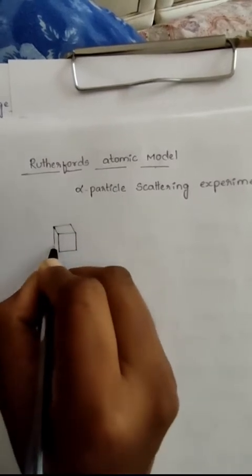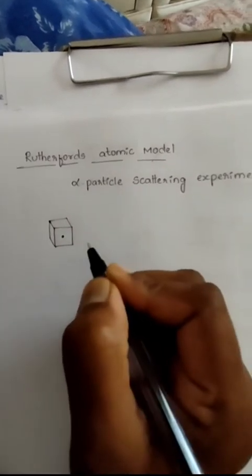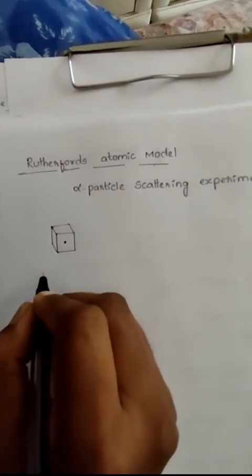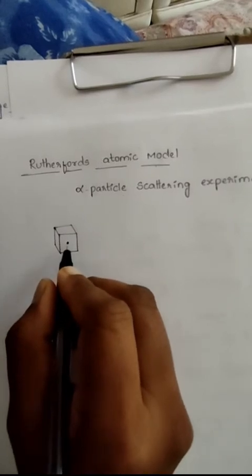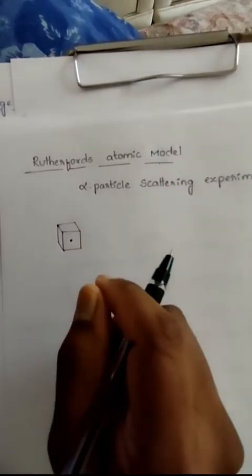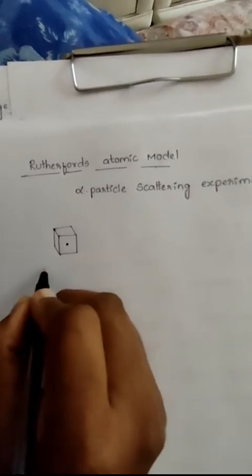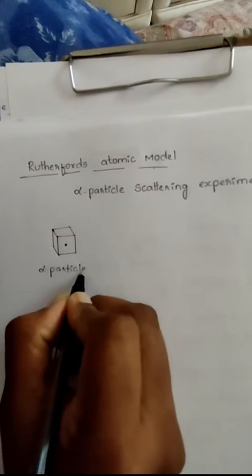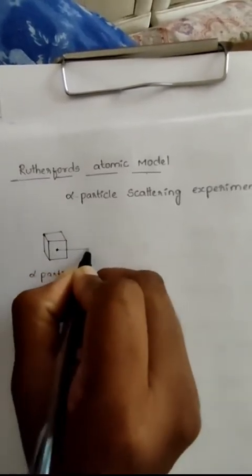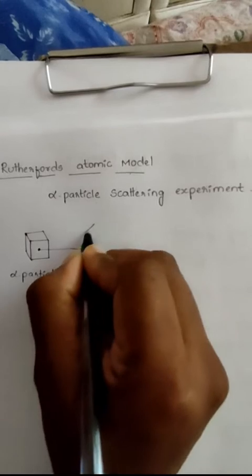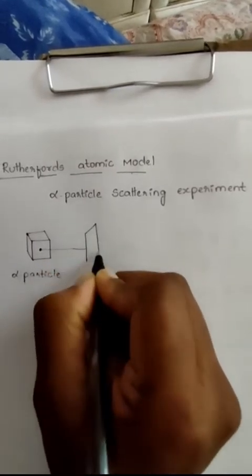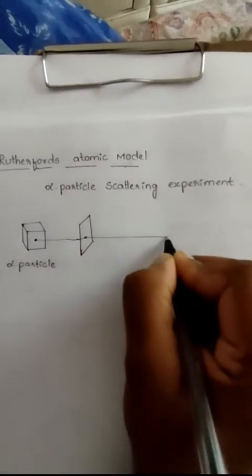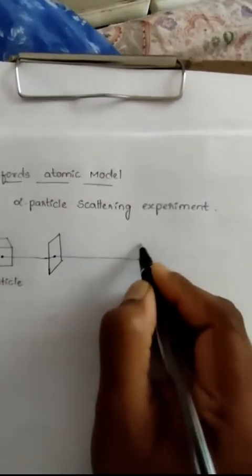Can you guess what is the source of alpha particles? Yes, radioactivity. So radioactive elements in their decaying process release alpha particles. These alpha particles are made to be incident on a thin gold foil.